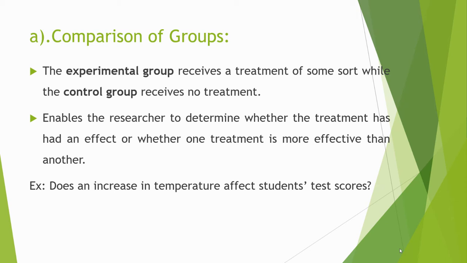In the experimental group, the researcher manipulates the temperature of the room, while in the control group, the temperature in the room remains the same. Therefore, the researcher does not manipulate the independent variable. After completing the experiment, the data collected from each group can be compared to determine whether the temperature has an influence on the taste score or not.